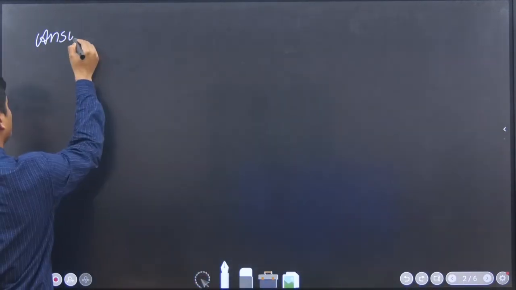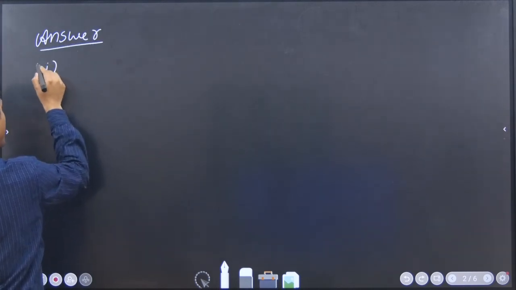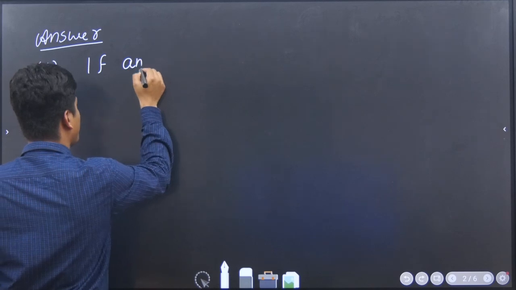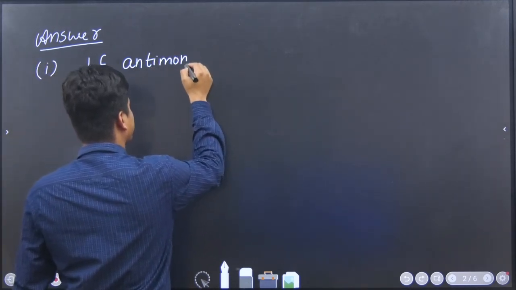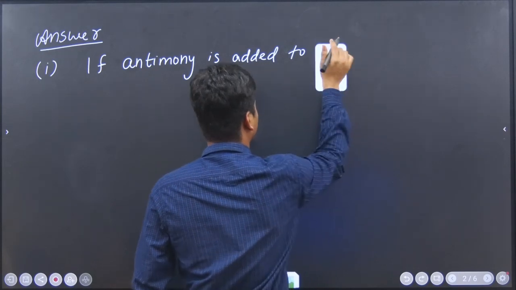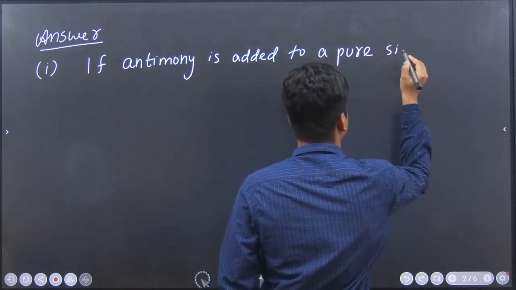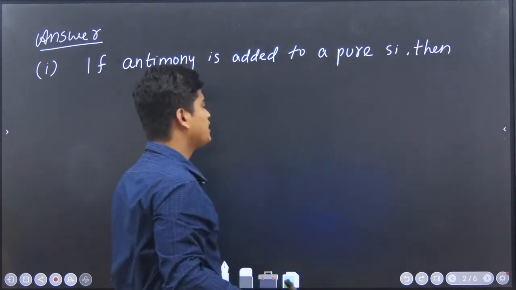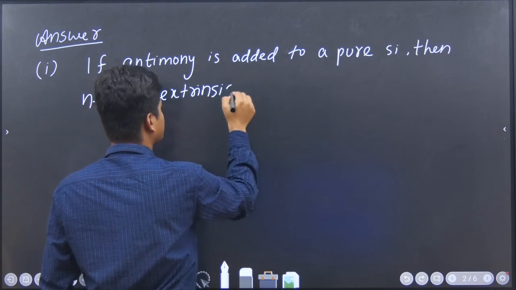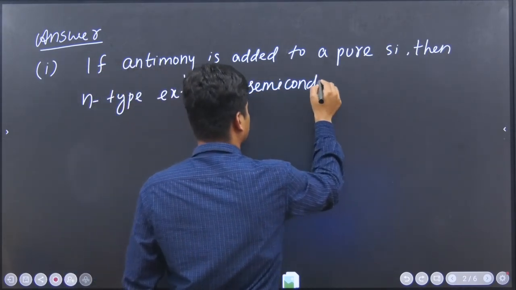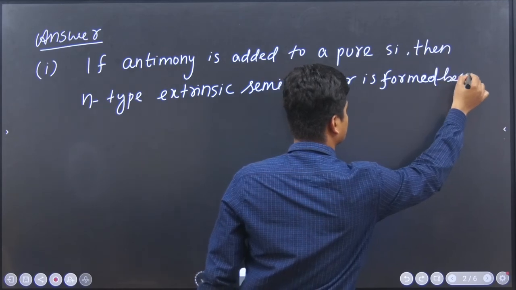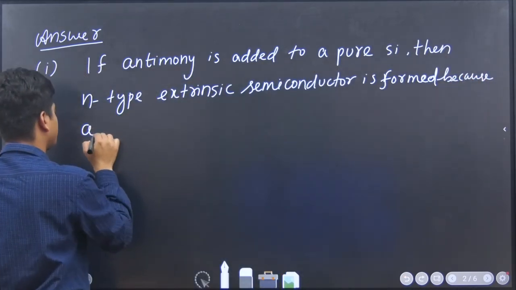So if I want the solution for question number 1, what can I write? First, the part 1 answer: if antimony is added to a pure silicon, then an N type extrinsic semiconductor is formed, because antimony is pentavalent.